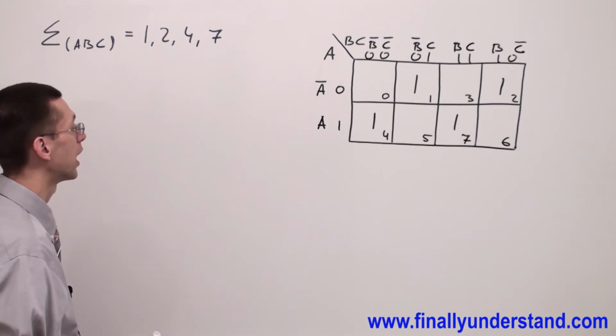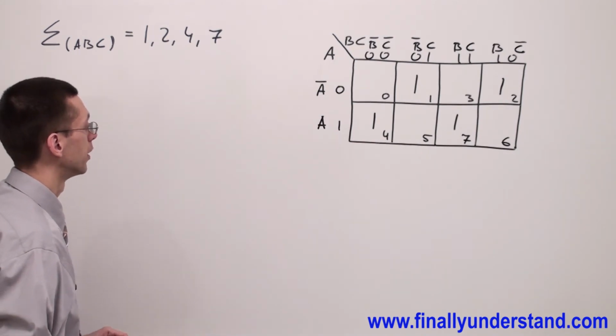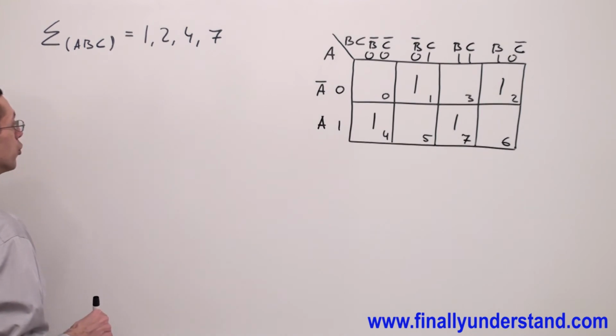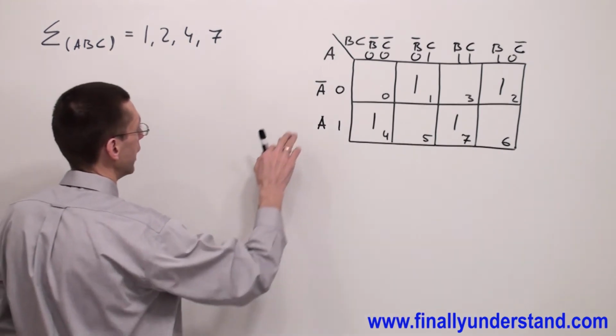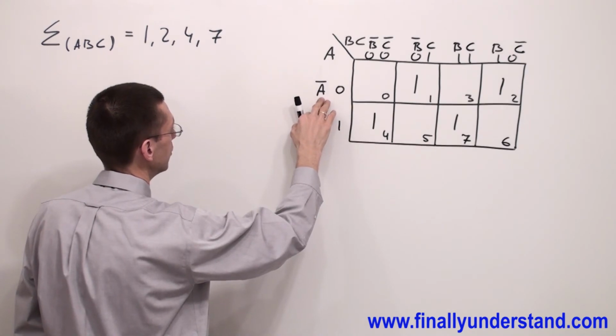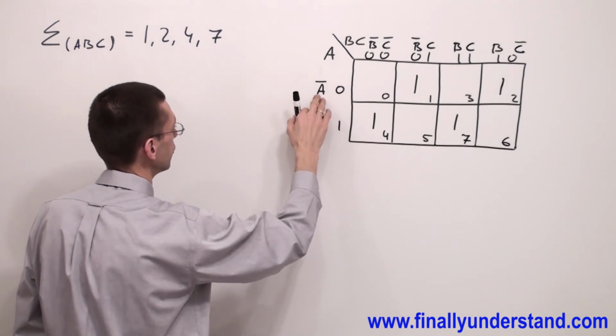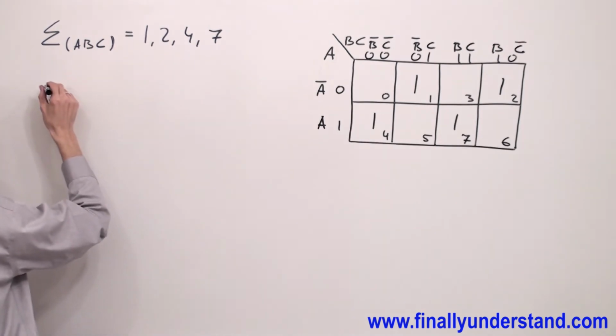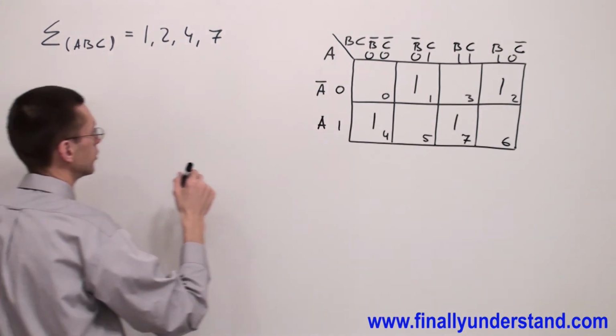So how are we supposed to approach this kind of example? What I'm going to do is find from the Karnaugh map the SOP, sum of products, first, and then use Boolean algebra to solve this problem.